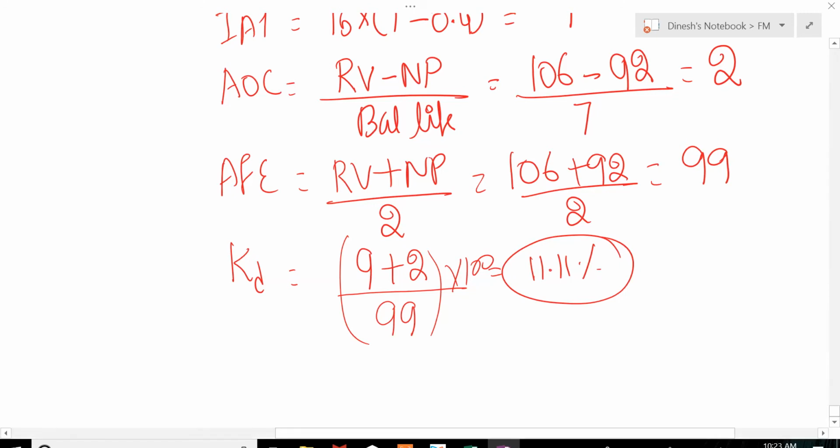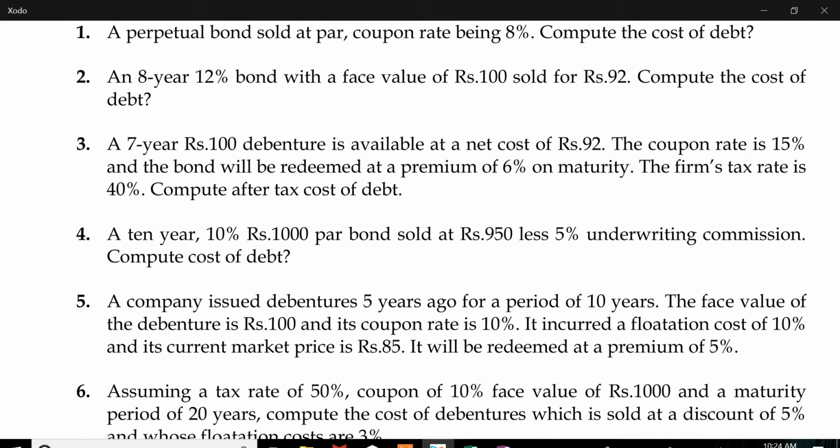You just need to do it and refer to the board just to check the answer. Can you proceed? Clear? Next one.